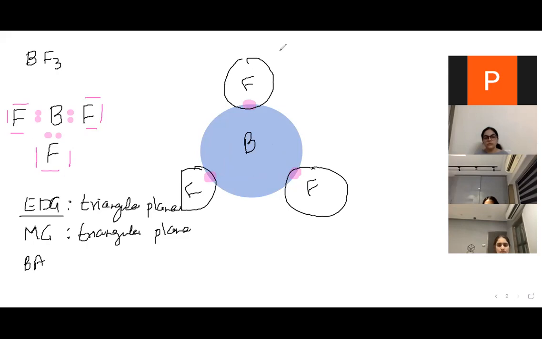So here, fluorine, boron, fluorine, this angle. So how much is this angle? 120 degrees. So the bond angle here is 120 degrees.